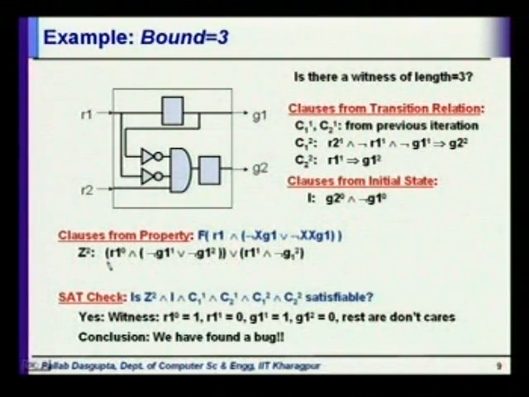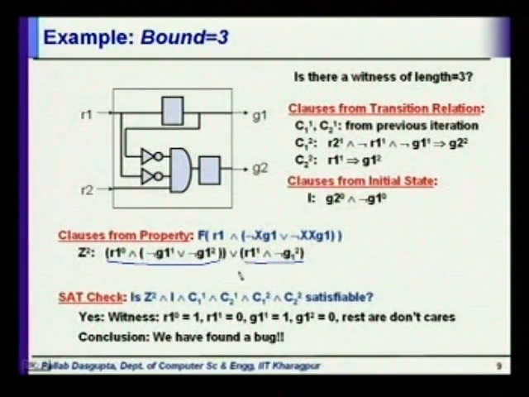This is one way in which this can be satisfied, and the other one is R1 1 and not G1 2. Actually one of these subsumes the other, because you see R1 0 and not G1 2 is there already here.